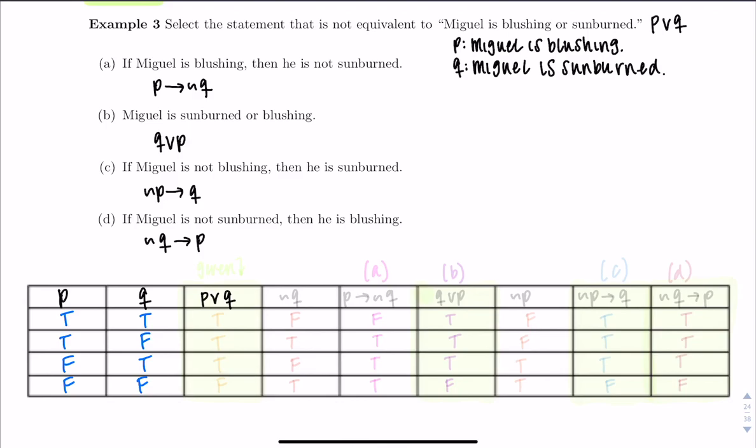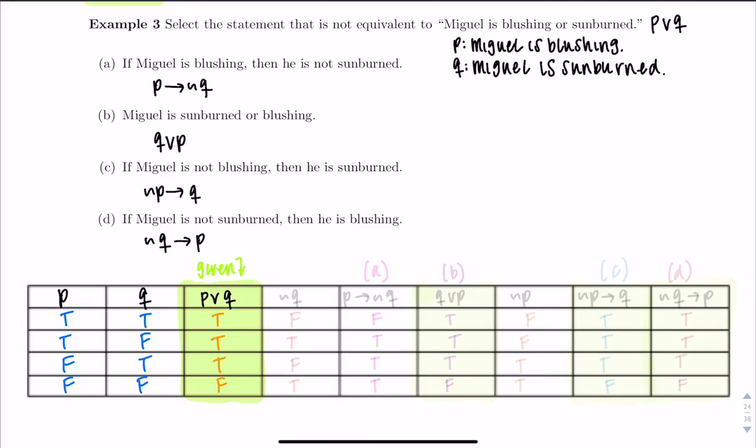And so that is true whenever there's a true value present. So we have true, true, true, and then false. And so this is what we'll be comparing these other statements with. So this was the given statement.